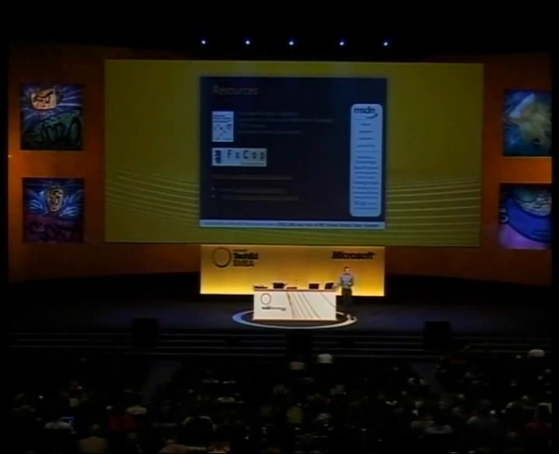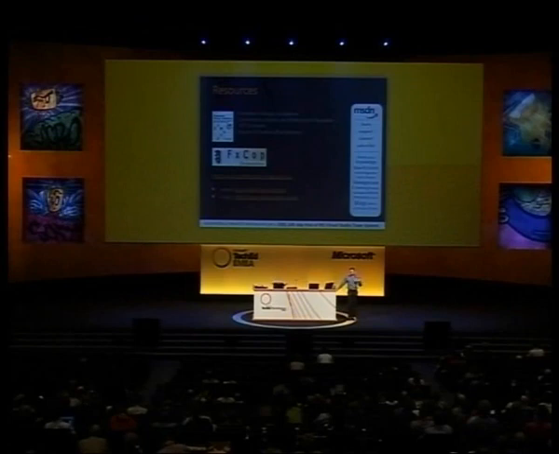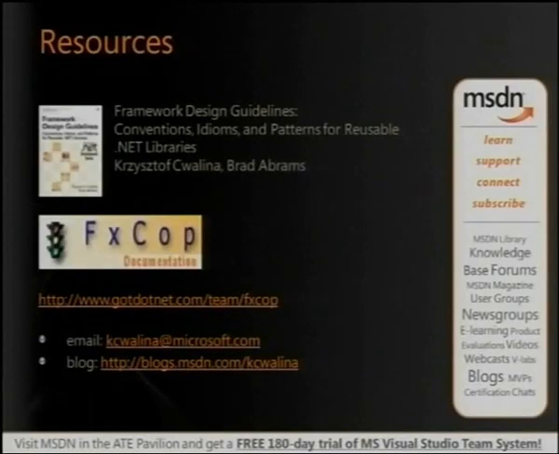And I said, for people who design libraries, but it was short-sighted. I got a lot of feedback from people who said, I don't design libraries, I use the .NET framework, but the book gives me a way to understand why Microsoft designed the framework one way versus the other, and helps. So I strongly recommend it. FXCop is the tool that I just talked about.